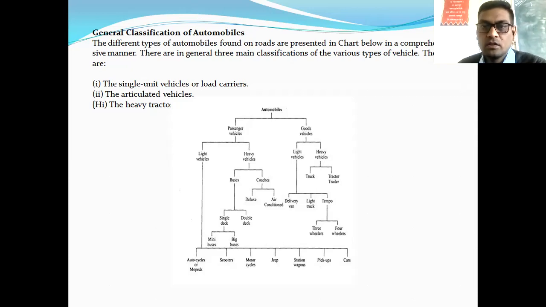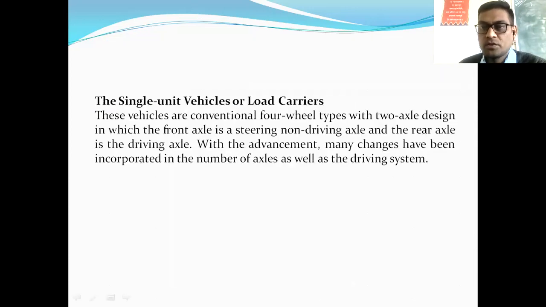Now let us cover the classification of automobiles one by one. The first classification is single unit vehicles or load carriers. As you can see from the name, it should be a single unit vehicle. You can take the example of a car.